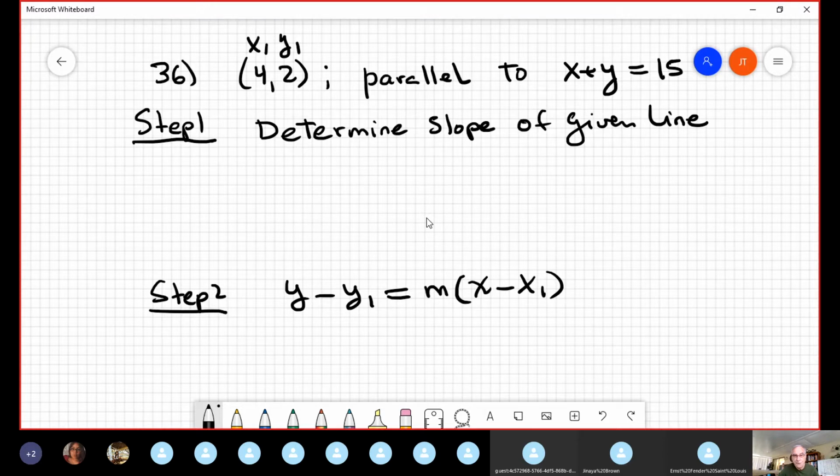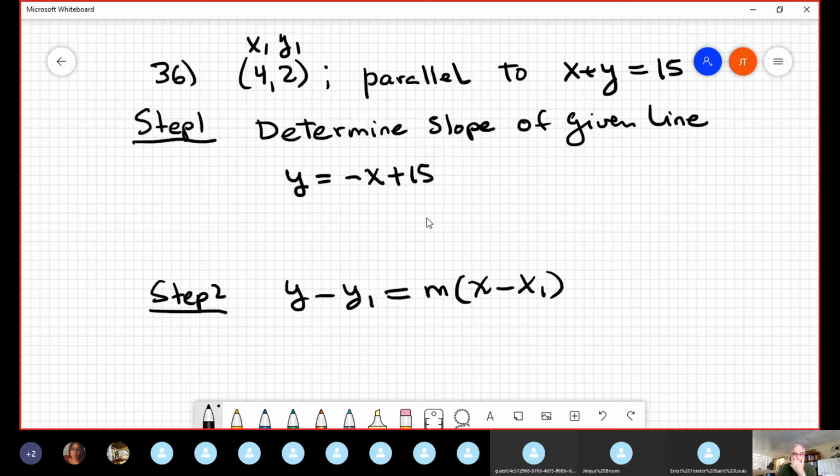Then, to determine the slope, one good way is to express the given line not in standard form but in slope-intercept form. In other words, solve for y. You take the equation, solve for y: y equals minus x plus 15.